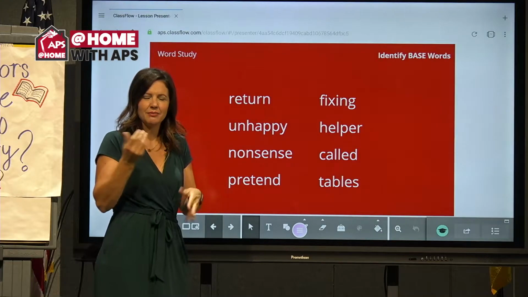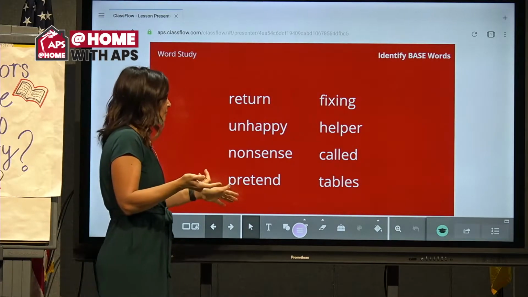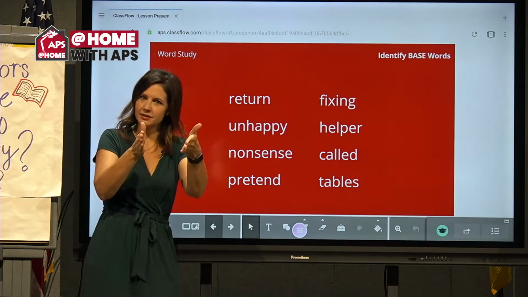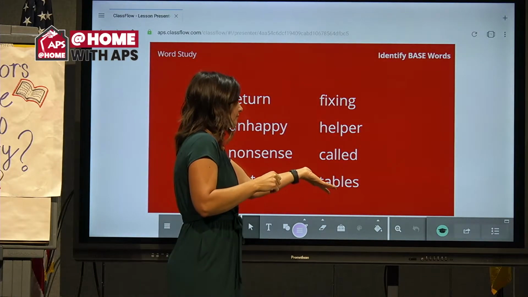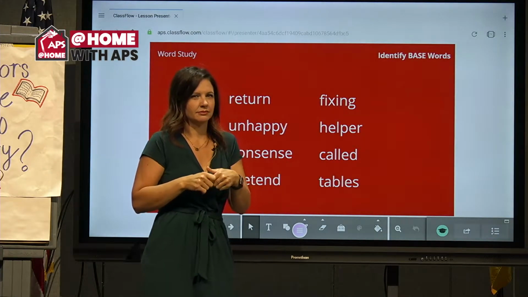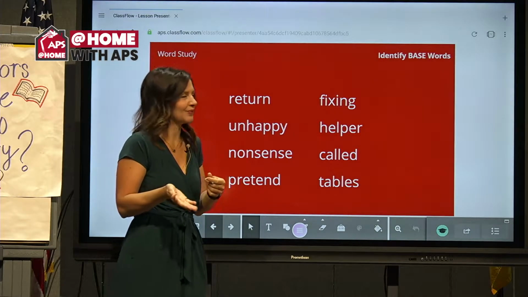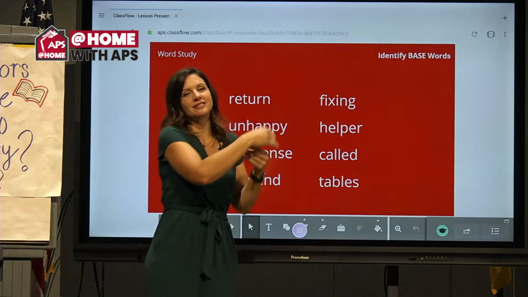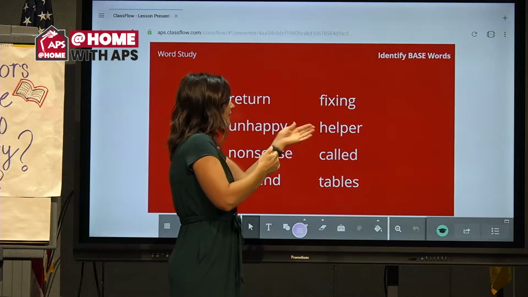Pretend. I'm used to that word. I know how to pretend. But there's a base word hiding in pretend. Tend. In the next column, fixing. Where is the base word? Fix. Then there's a suffix added behind the base word. The next word is helper.